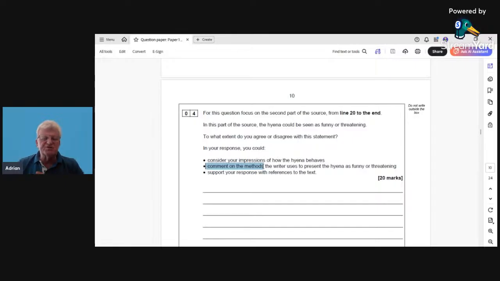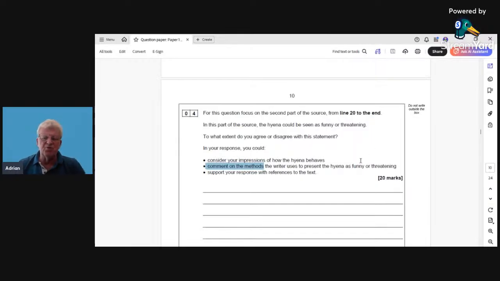Now, this particular question is the combination of bringing the multiple choice question together. It's like bringing the language question into this, and bringing the structure question into this. So by the time you've got to here, you are now having to comment on the methods the writer uses to present the hyena as funny or threatening.